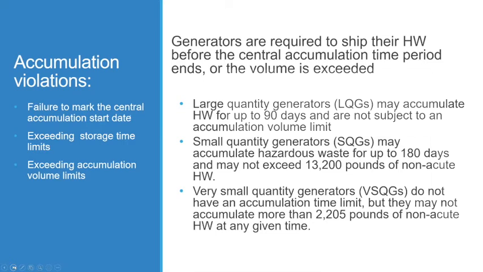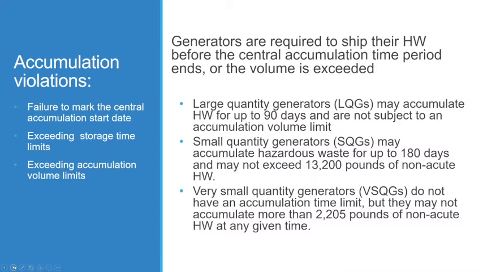And because you have that shorter time limit and that higher volume, there are more requirements that you have to follow as an LQG. So if you are generating less and you're in the SQG category, you have a little less waste that you can generate in 180 days, and then you can't exceed that 13,200 pounds of non-acute waste.